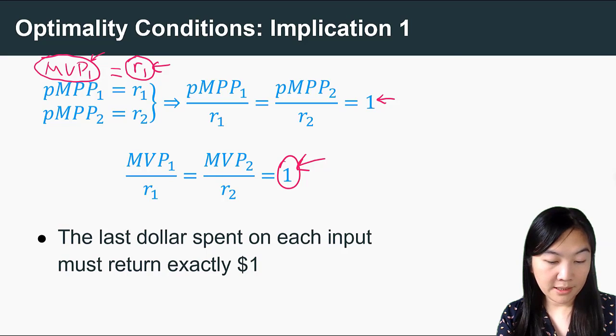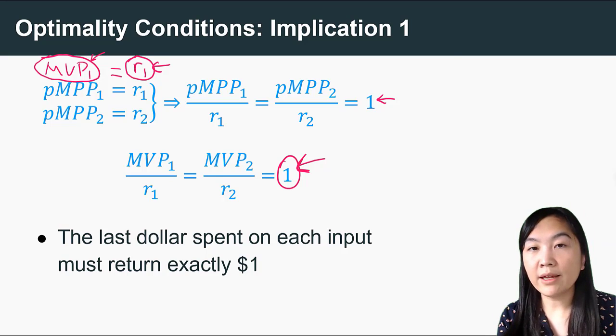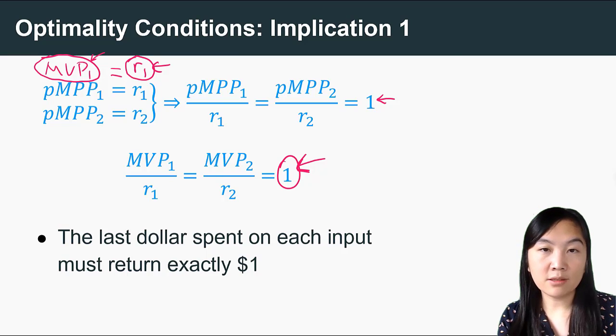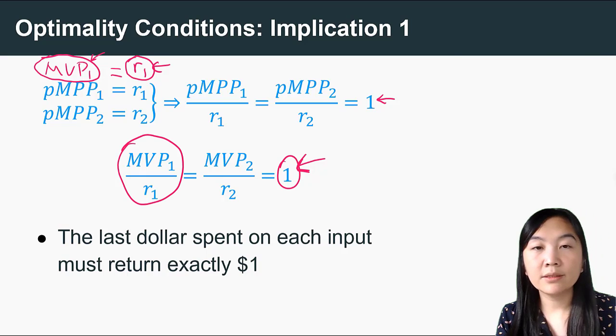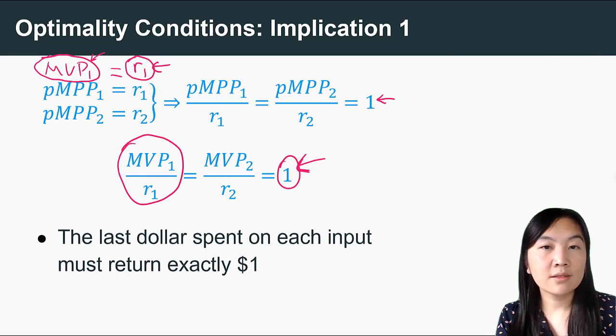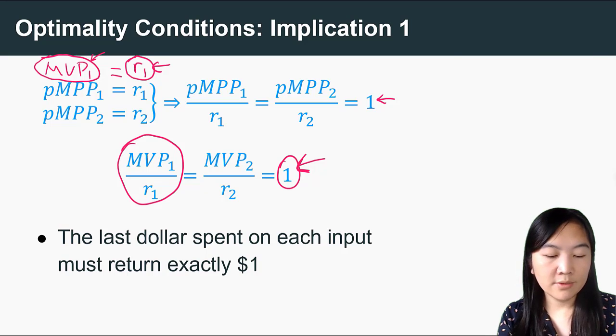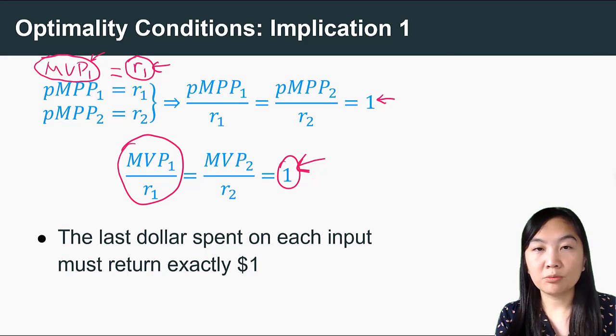But anyway, here on the right-hand side, this 1 means that's a dollar spent on each unit. And on the left-hand side, that means that's a return on that $1 of input 1.